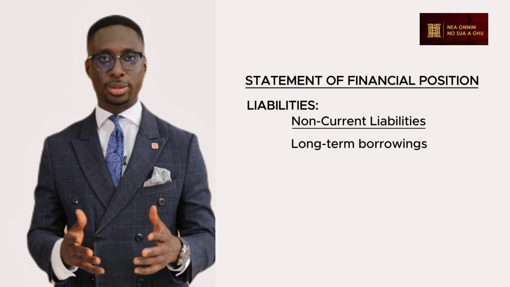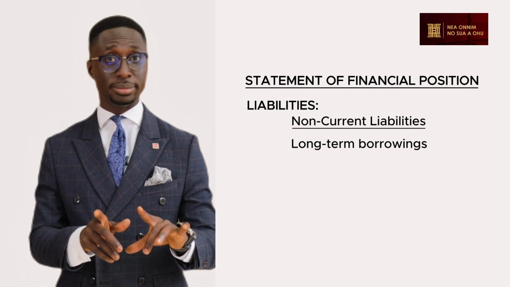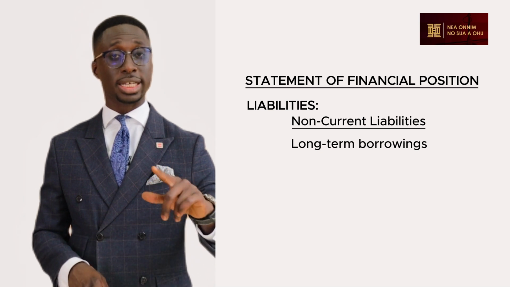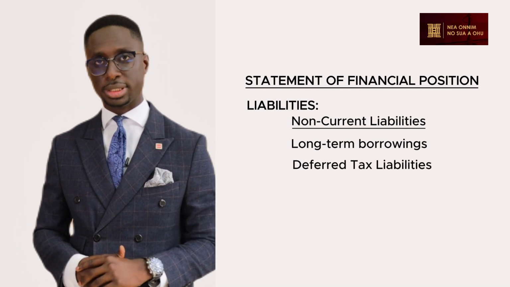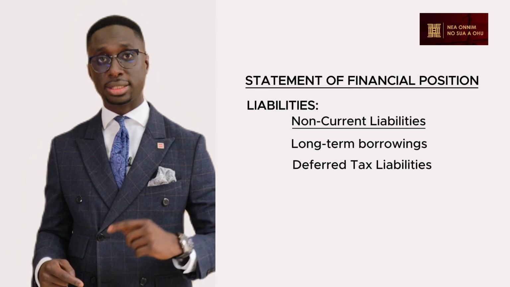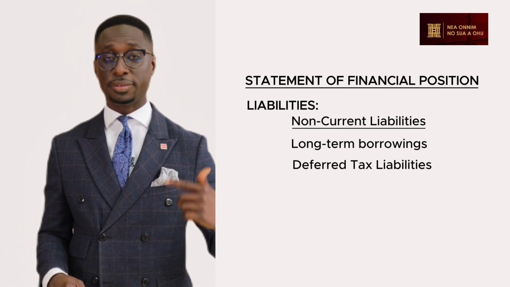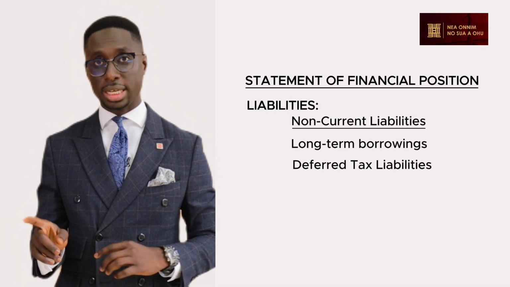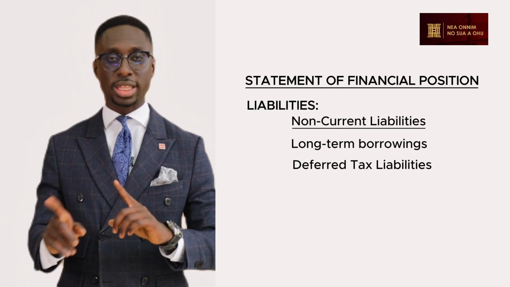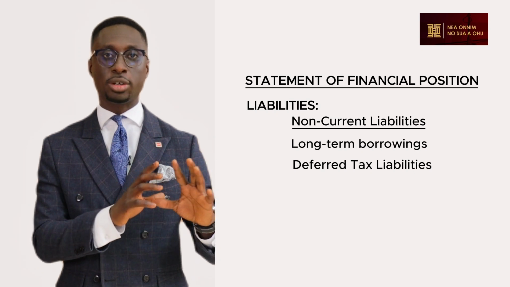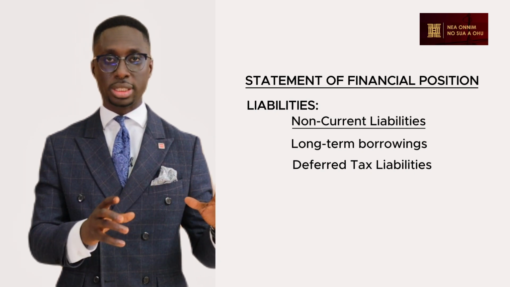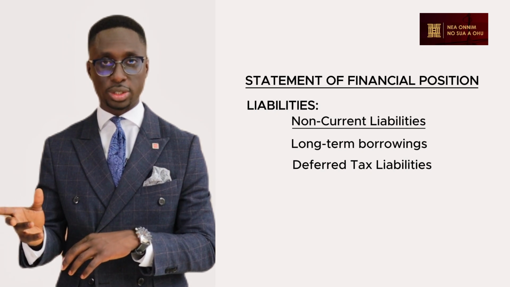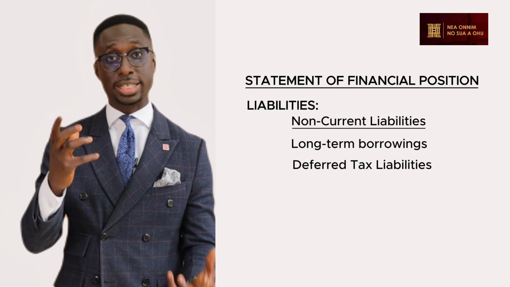Great. Now, there's long-term provisions, but also deferred tax liabilities. Let me talk about deferred tax liabilities first. You remember that under non-current assets, we spoke about deferred tax assets. There can also be deferred tax liabilities, and it depends on whether the tax written down value compared with the book value of the assets that are used in the computation of deferred tax, which one is bigger.